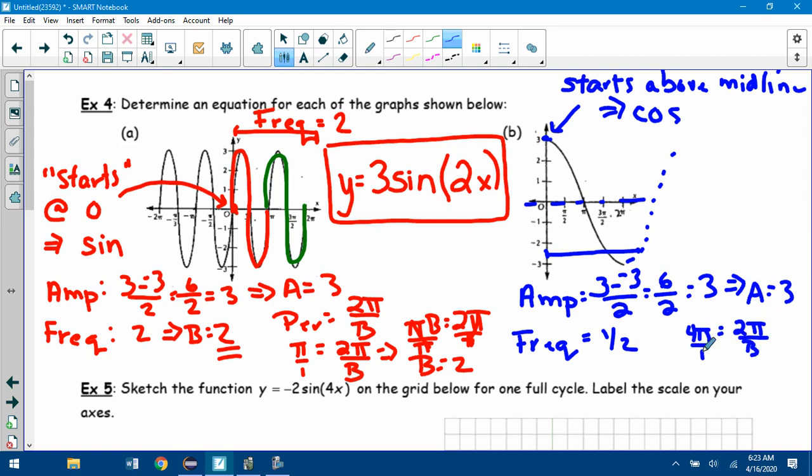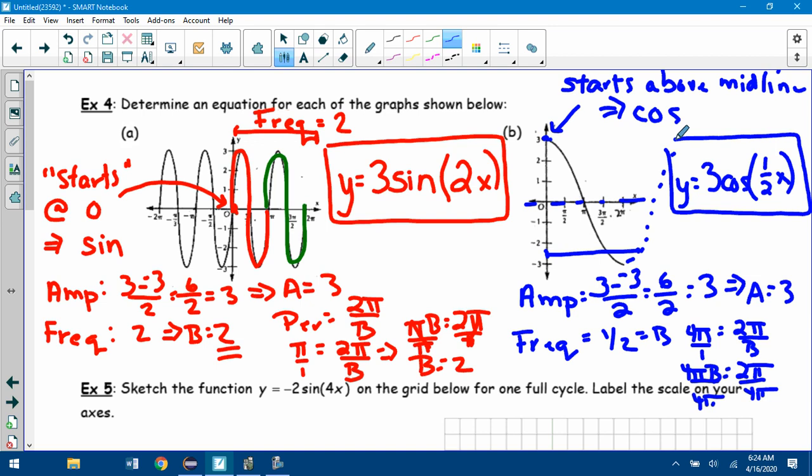So when you cross multiply, you'd get 4 pi b equals 2 pi. Divide by 4 pi. You're going to get b is 1/2. So here my equation would be y equals 3 cosine of 1/2 x.